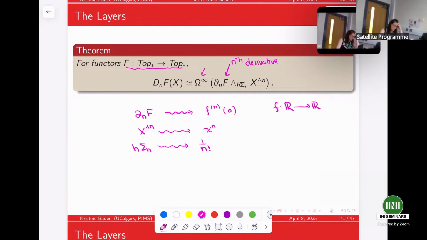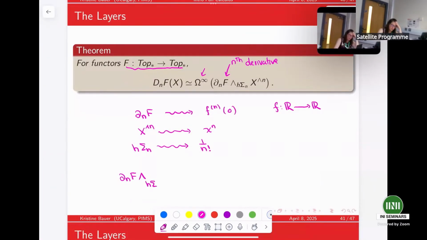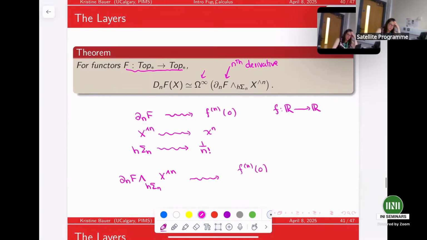So what I am looking at is that DNF, except for the part about dealing with spectra where I have to deloop, or take omega infinity, loops infinity, is supposed to look like taking the nth derivative at a point, multiplying by x to the n and dividing by n factorial.